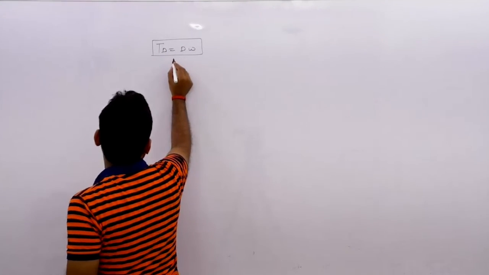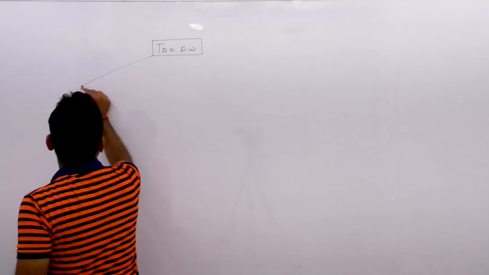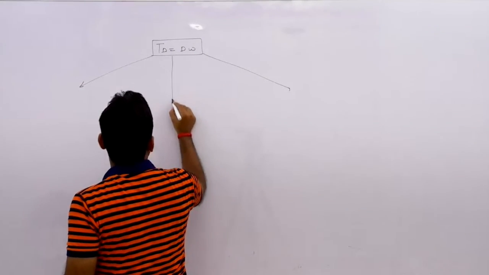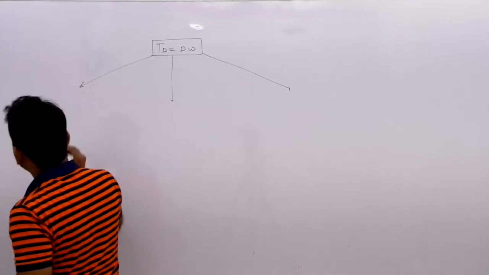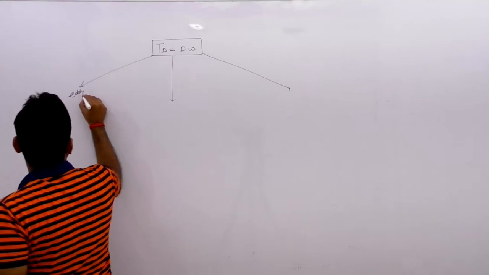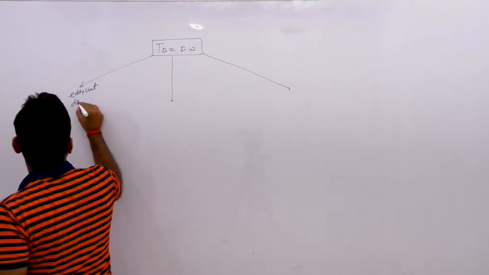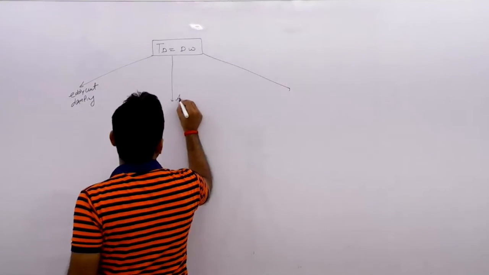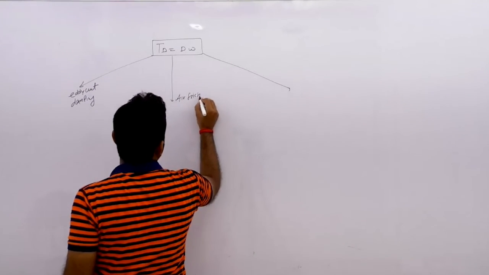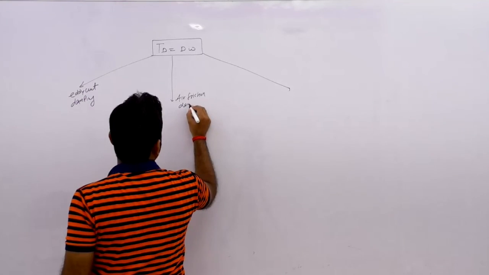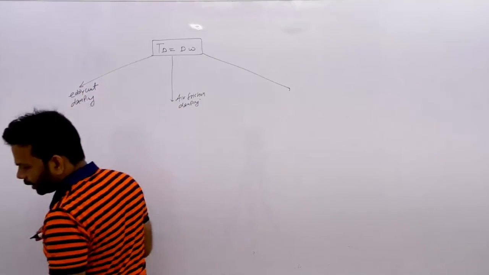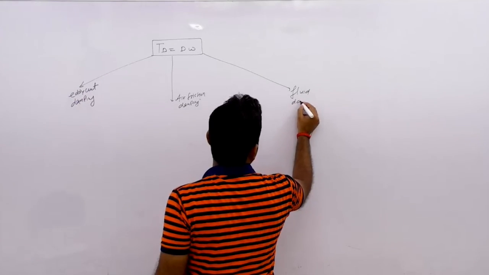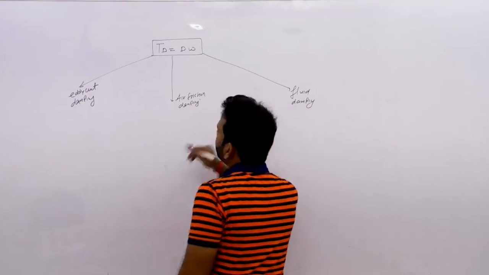It is a derivation, but the derivation is not required in your syllabus because we take just the conclusion. First, eddy current damping, and air friction damping, and the last damping is fluid damping. Okay, so we have three types of damping.